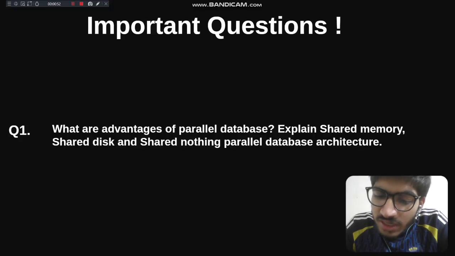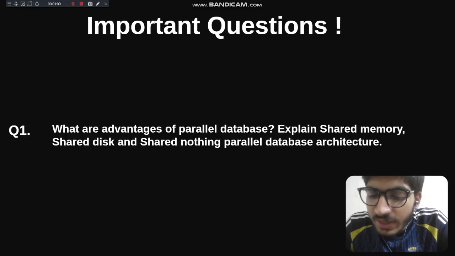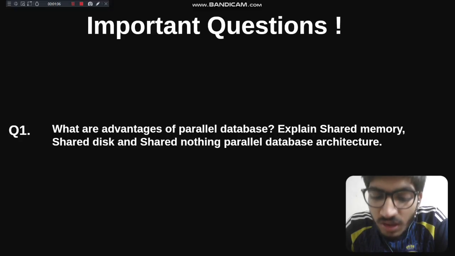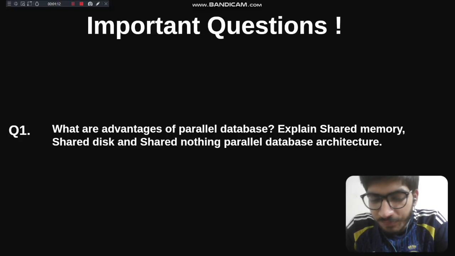Many tasks run at the same time, therefore queries finish faster. Second, better scalability. More machines can be added when data increases. Performance improves as you add processors. Third, high throughput. It can handle many users and queries at the same time.